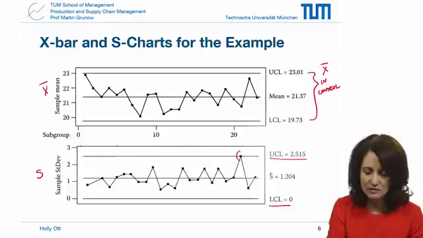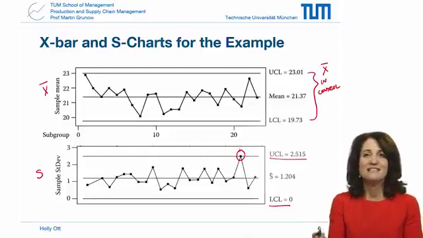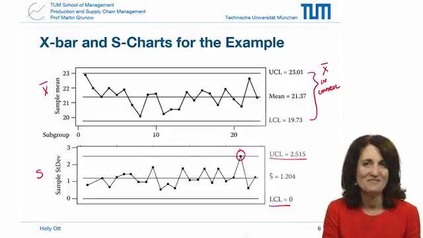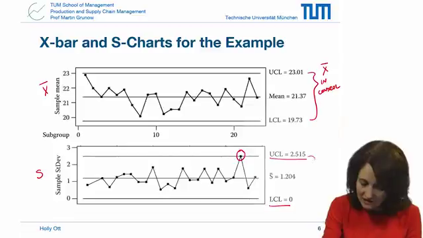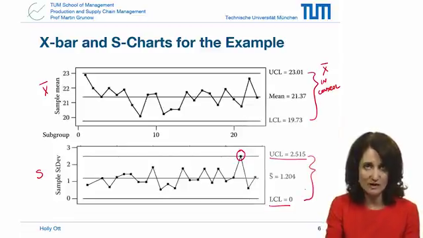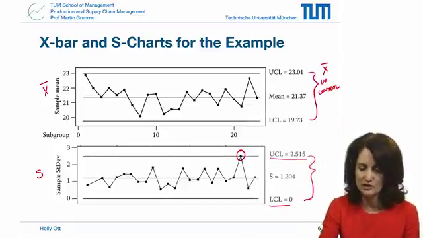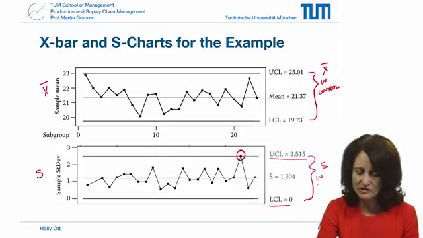And here, sample 22, it's borderline, right? It's actually in control, very, very close to the limit in the S chart. And so you would actually also say here that on our 24 samples, including sample 22, our S chart is also in control.